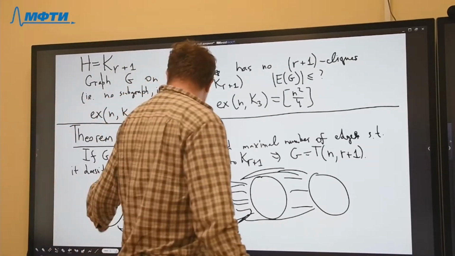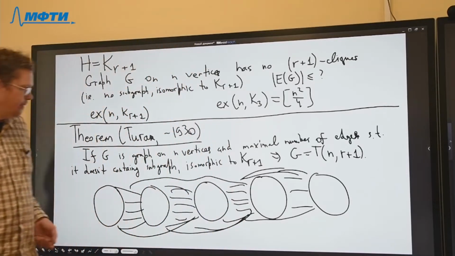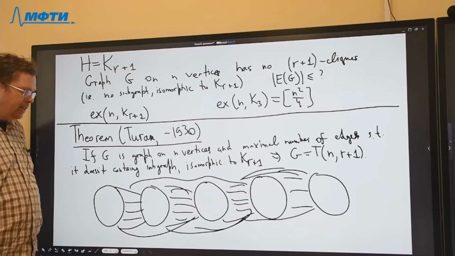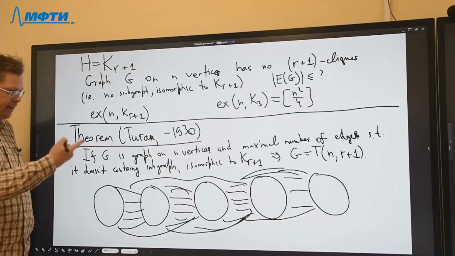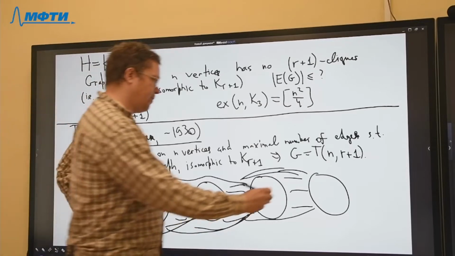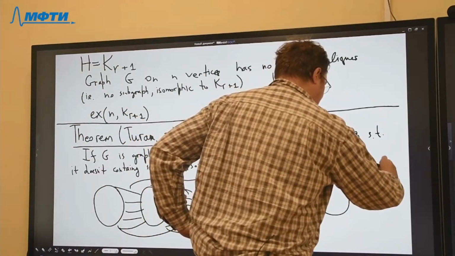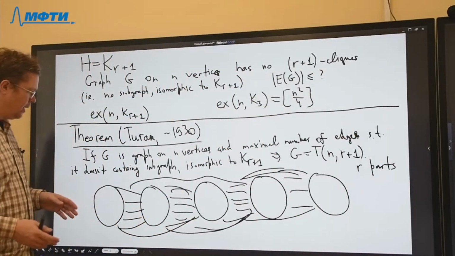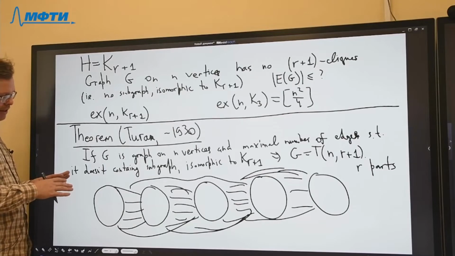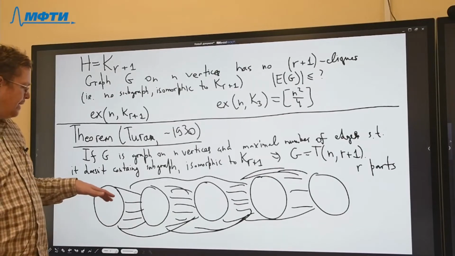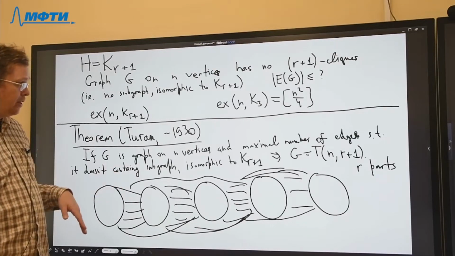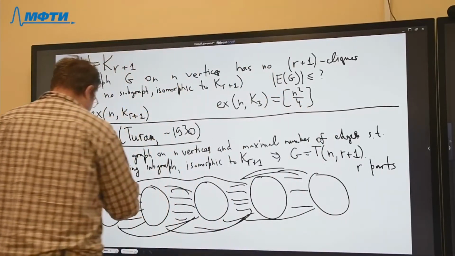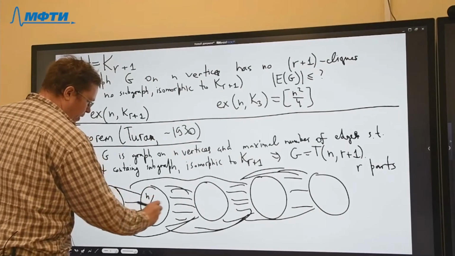And so if it doesn't contain an r plus 1 clique, it means that we have exactly r different parts. So we have r parts, and we need to divide n between them, and we want them to be almost equal. Because if n is divisible by r, then each of these parts contains n over r.